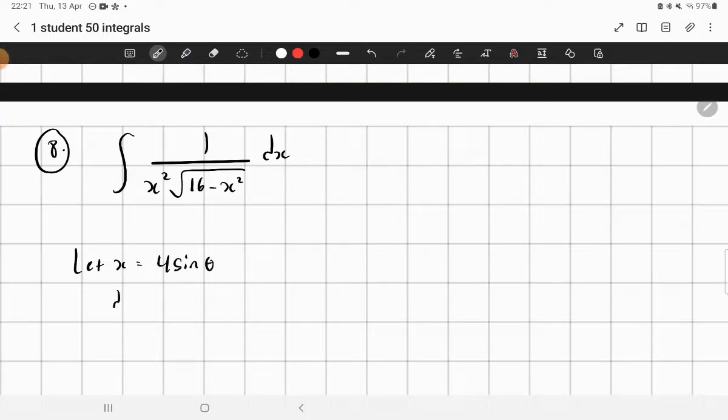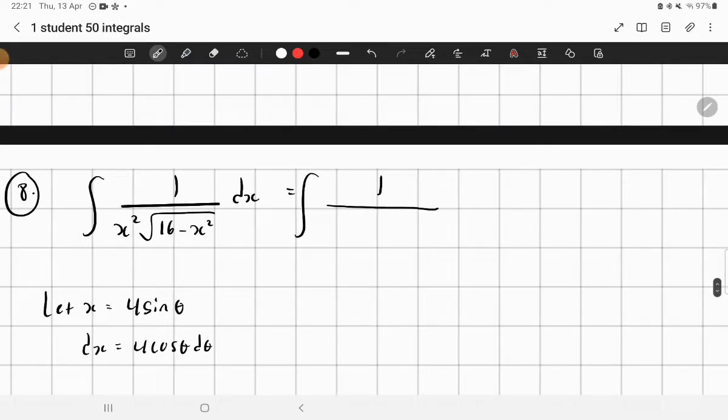So let x equal 4 sine theta. Taking the first derivative will be 4 cosine theta d theta. And from here, you will have 1 over 16 sine square theta, and then 16 minus 16 sine square theta, times 4 cosine theta d theta.